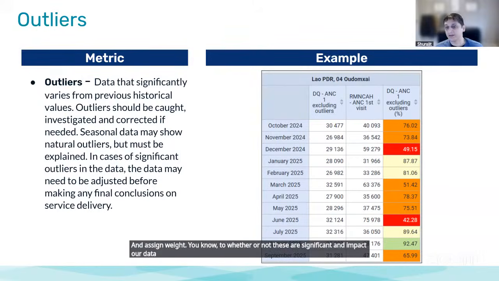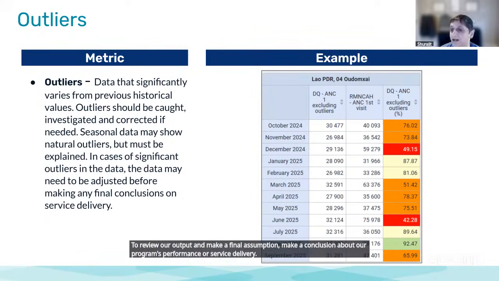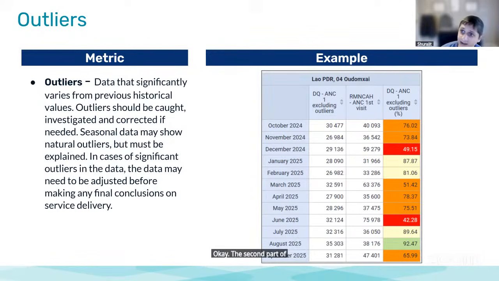So originally we were speaking about completeness, right? Do we have enough data to review our output and make a conclusion about our program's performance or service delivery? The second part of this is, is the data that I do have valid or not?